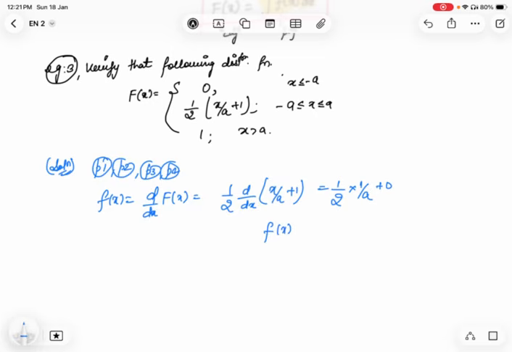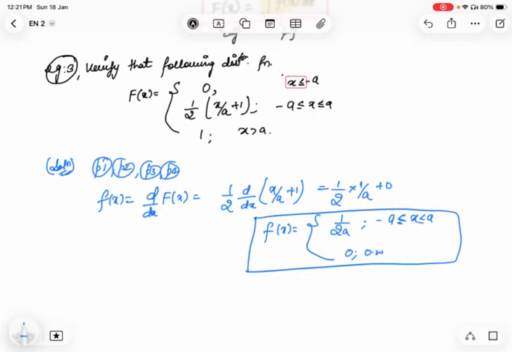So f(x) is 1 by 2a when minus a is less than x less than a, and 0 otherwise. What does it mean? It means the probability density function is valid only in this interval and 0 otherwise. If the value is between minus a and a, then this PDF is valid, otherwise it is 0.